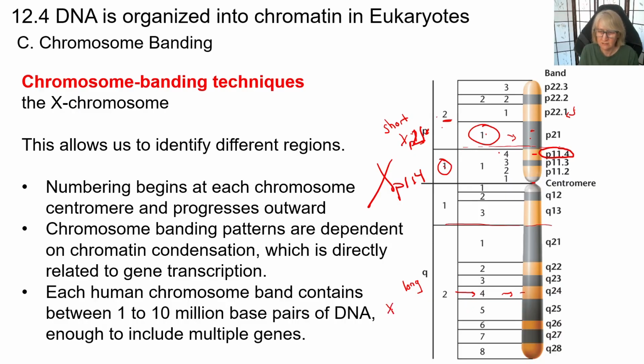That is XQ2, 4. So super easy once you see it. I have a little practice in the homework naming it. It's literally just that the homework is missing this image. When you do the homework, you can take this image with you and follow along so that you can just read the banding.